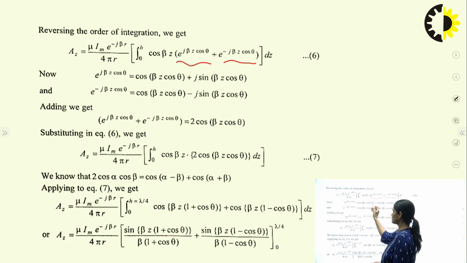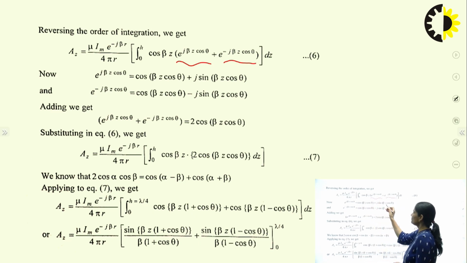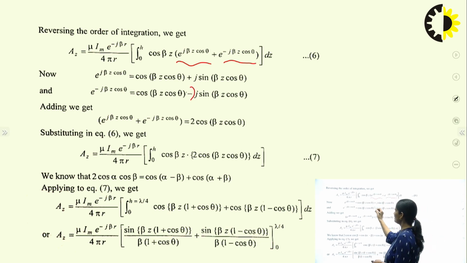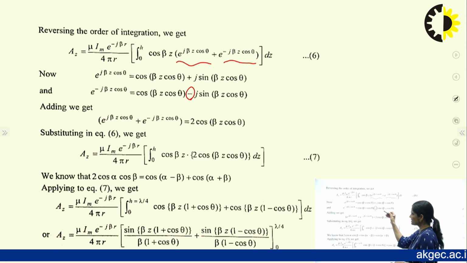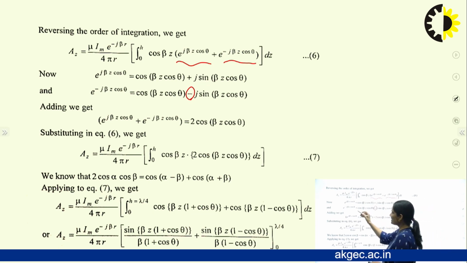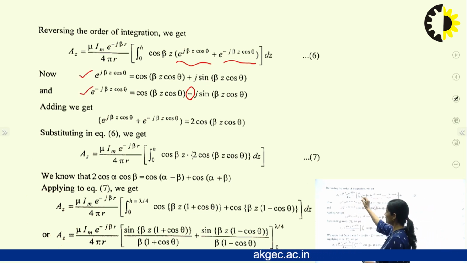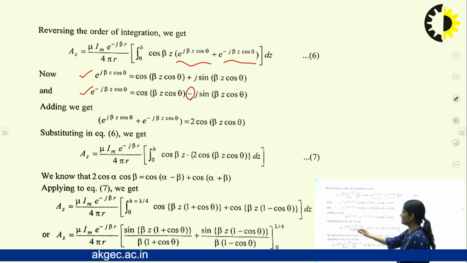Cos beta Z cos theta plus j sin (beta Z cos theta), and e to the power minus j beta Z cos theta, so you will get a negative sign here. Now, terms are the same, only the sign is changed. So add these two equations, put all these values and you will get this equation.